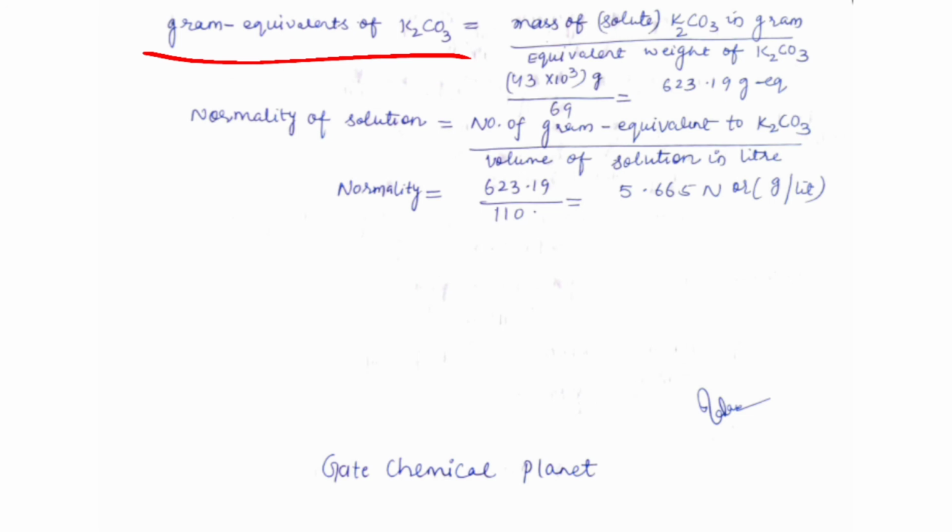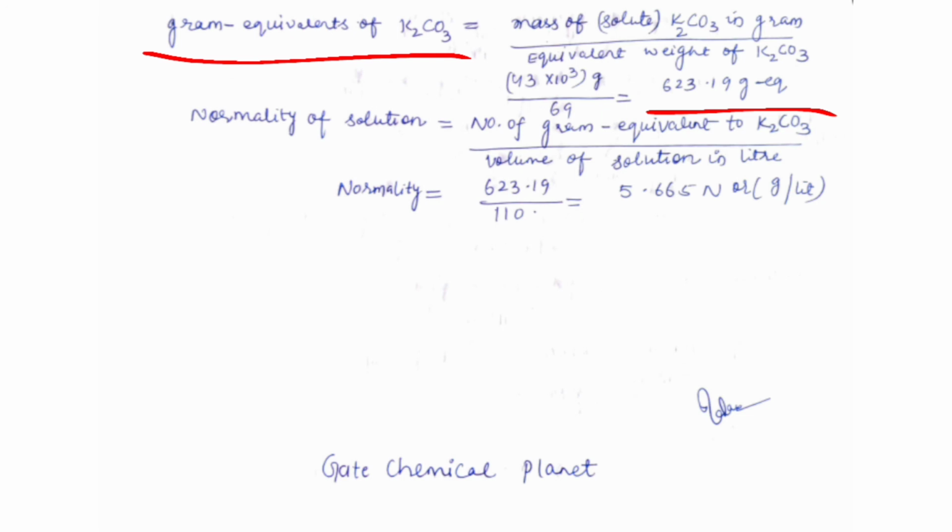So 43 into 10 to the power 3 grams divided by the equivalent weight of K2CO3 equals 623.19 gram equivalent.